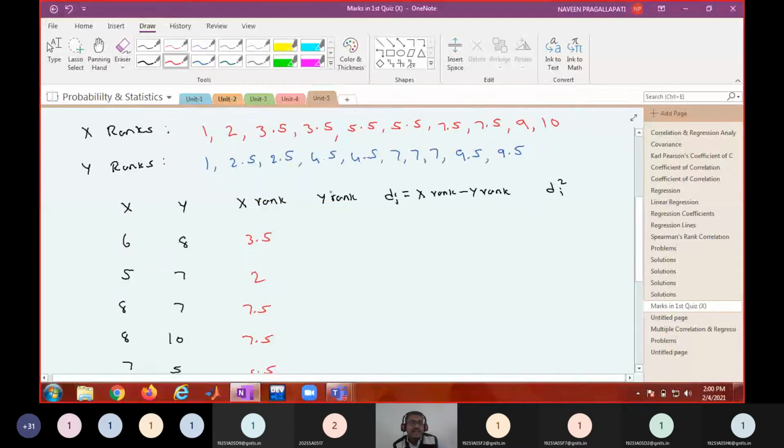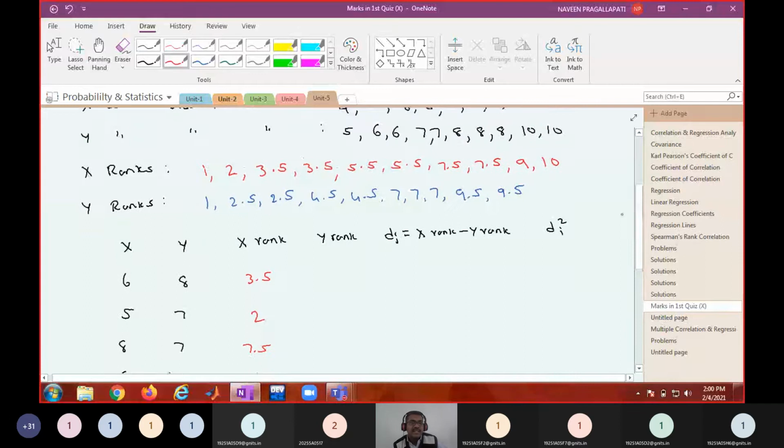What is Y for 6? For 6, what is rank? For 6, it is 2.5, right? Now it is 8. I have to see for 8. What is the rank of 8? 7. Am I right? Yes. Rank of 7 is 4.5.